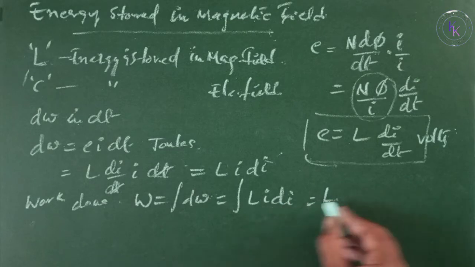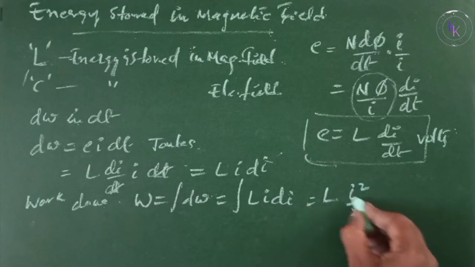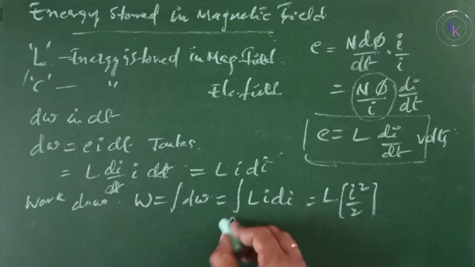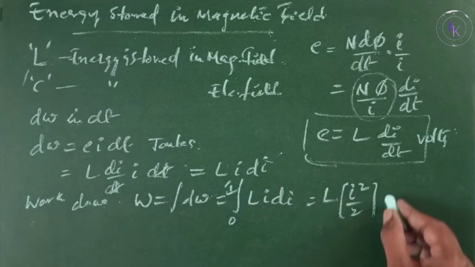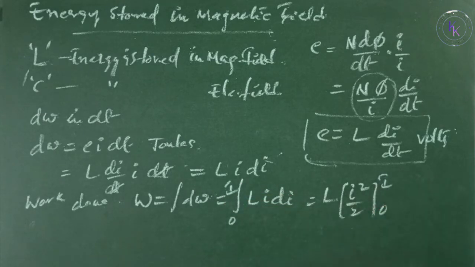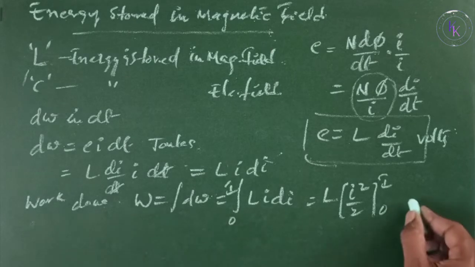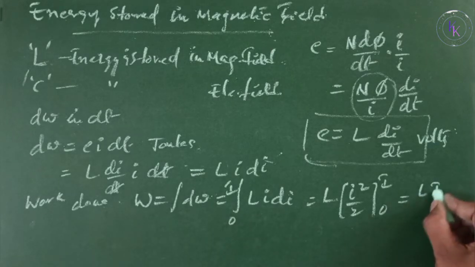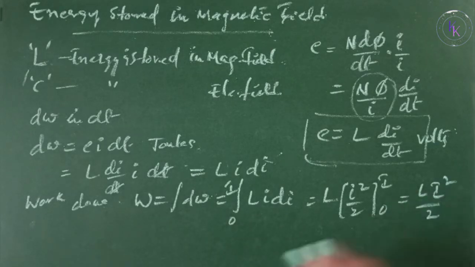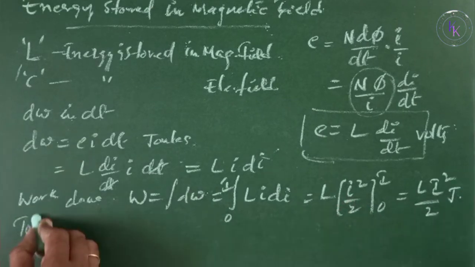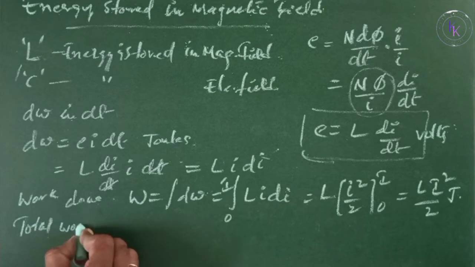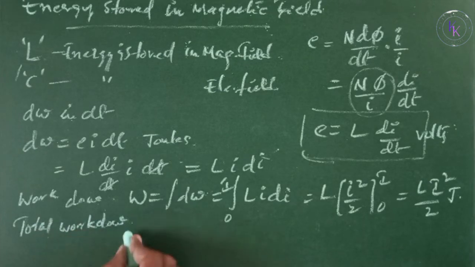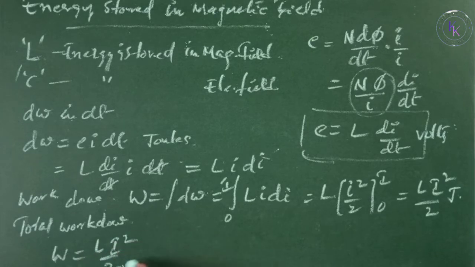So L i, if you integrate, gives i square by 2, from 0 to I, as the current needs to be increased from 0 to I. Then you get L I square by 2 as the work done in joules. Total work done W equals L I square by 2 in joules.